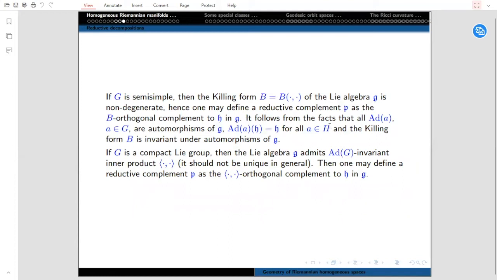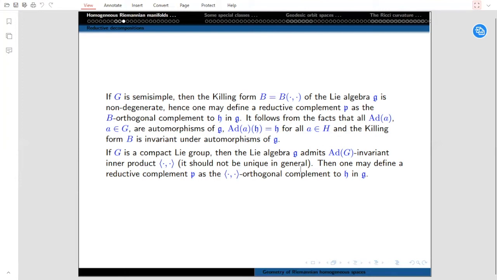It follows from the fact that all operators Ad A are automorphisms of the Lie algebra G, and they fix the subalgebra H for any A from H, and the Killing form is invariant under automorphisms. Therefore, the orthogonal complement is also invariant under any automorphism, and in particular under any Ad A when A is from H.